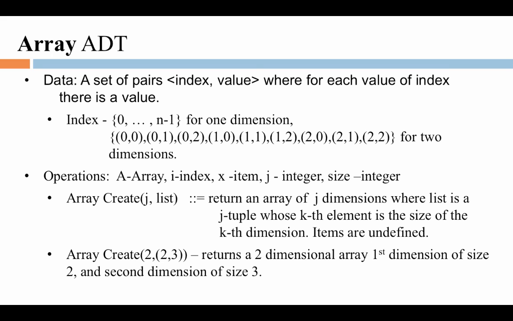We have seen examples of a one-dimensional array, a two-dimensional array. We are going to talk about a generic j-dimensional array. In the description of the operations, A will stand for an array, I is an index, X is an item that you are going to store in the array, J is an integer, size is also an integer.